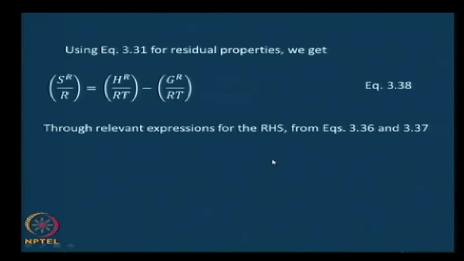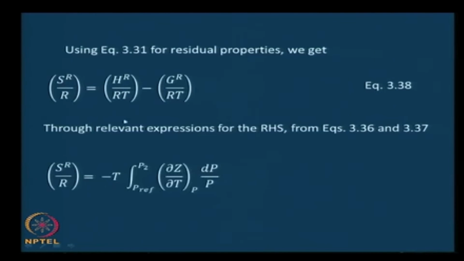Therefore, if we substitute both of them here, we have SR by R equals minus T integral from P reference to P2 of ∂Z/∂T at constant P into 1 by P dP, minus GR by RT that we have already seen earlier, the integral from P reference to P2 of (Z minus 1) by P dP. Therefore, we have SR in terms of T, P, Z and so on. We will call this equation 339.